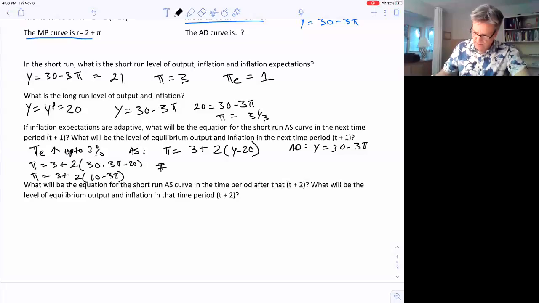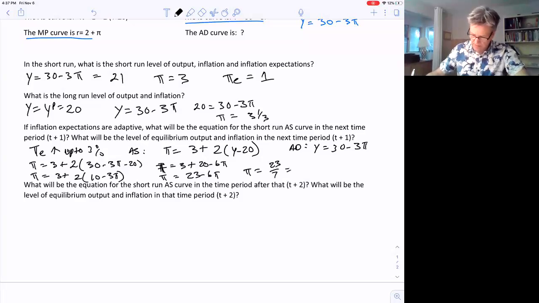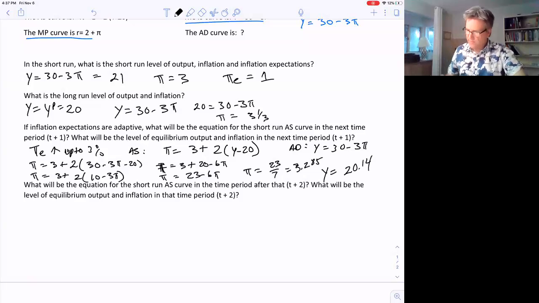Then pi equals 3 plus 20 minus 6 pi. Pi equals 23 minus 6 pi. 7 pi equals 23. I get pi equals 23 over 7, which is about 3.285. And then I can plug that into the demand equation, and I get y is 20.14.